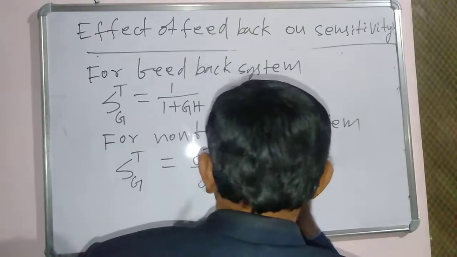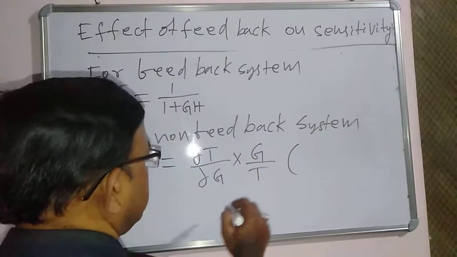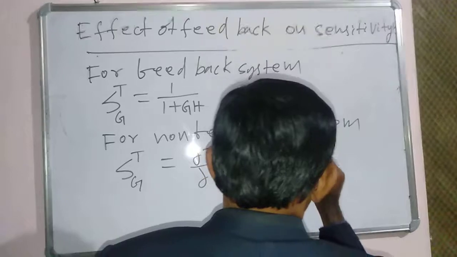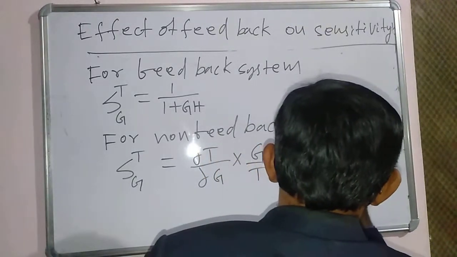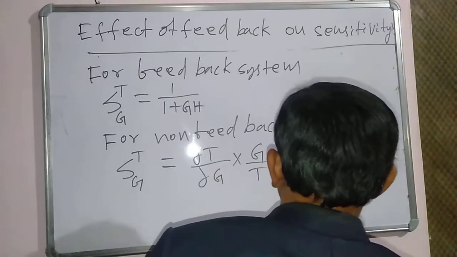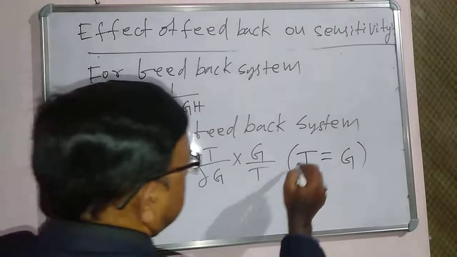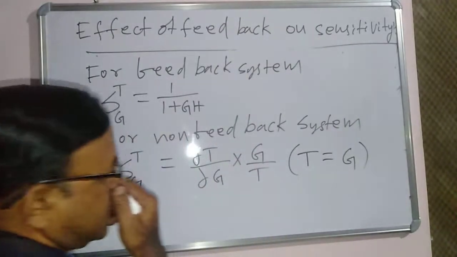In case of an open loop control system or non-feedback system, T, the transfer function, is equal to G, the open loop transfer function.